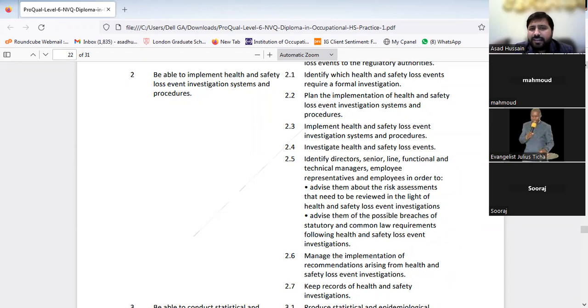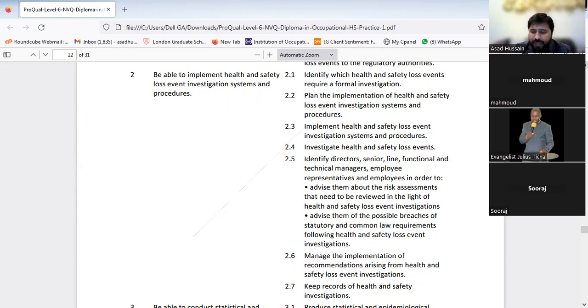Now it is discussing the investigation. So this learning outcome will focus on the investigation systems and procedures you have in your organization. You have to explain those procedures and investigation systems in the form of assessment criteria.